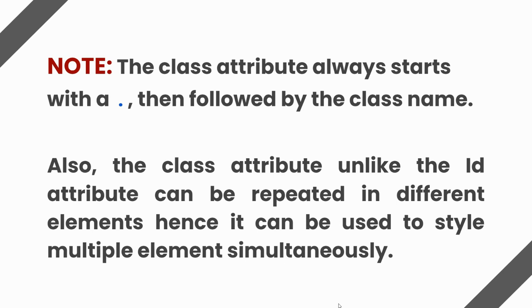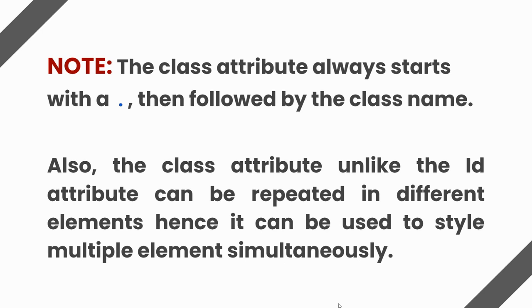That would actually mean that there are seven occurrences of the class attribute with the same name. That's four within the four paragraph tags and three within the heading 2, 3, 4 tags.